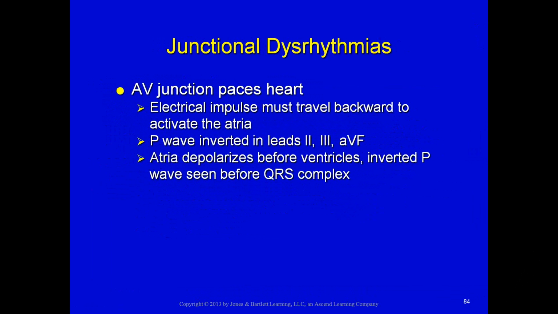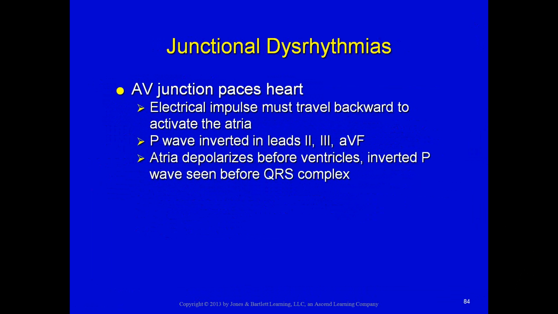One way that helps identify that this is in fact a junctional rhythm is that because the impulse originates in the junction, the electricity has to travel backward, back towards the SA node, to cause the atrium to contract.